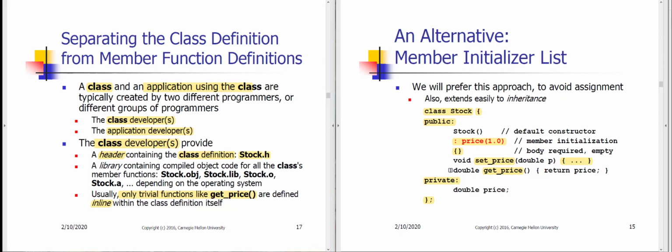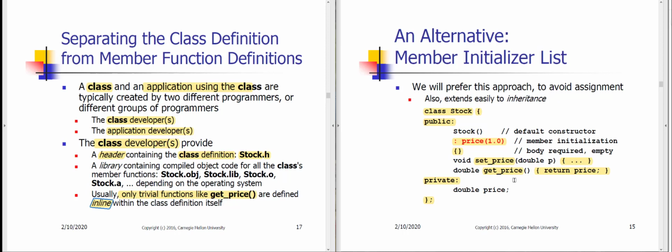That is, when we give the declaration of the function and its full implementation in curly braces inside of the class definition, this is referred to as an inline definition. And usually that's not done for functions that are other than trivial.